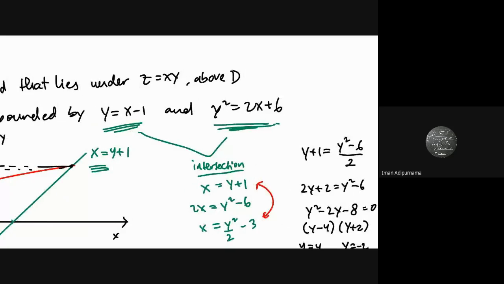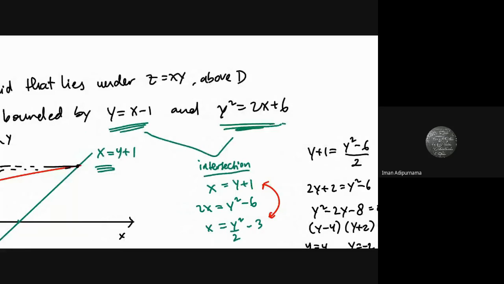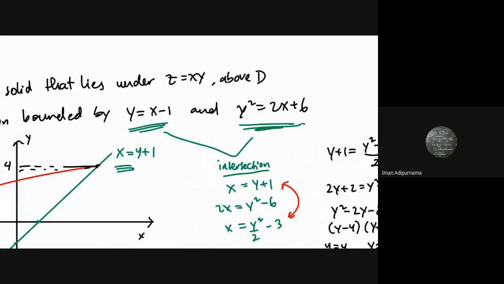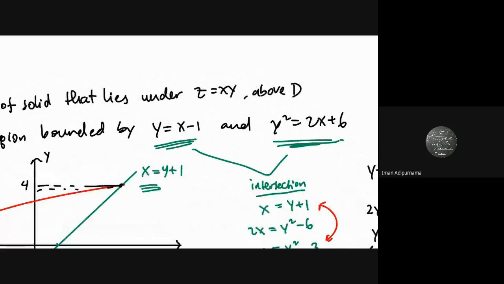At the very beginning, you look at the boundary and think, maybe we have y equals x minus 1, so maybe we have x minus 1 as our boundary.